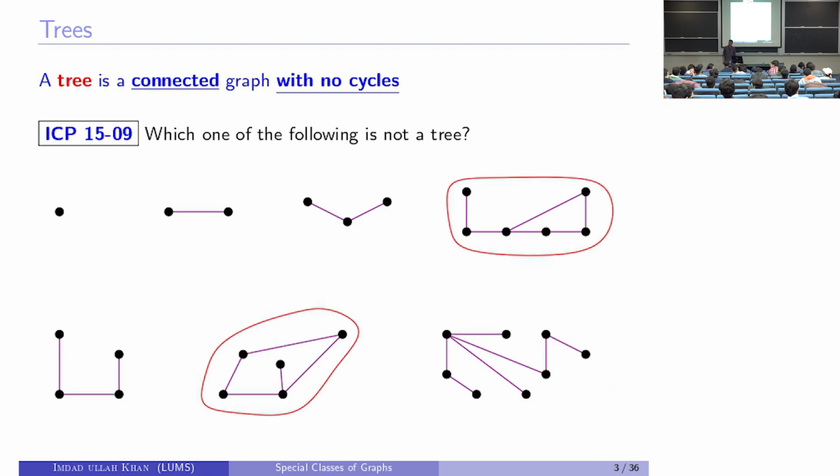In the first one, self loops are not allowed. When I began this lecture, I said that when we say graph, we mean simple undirected graph. So we know that in simple connected graphs, self loops are not allowed.